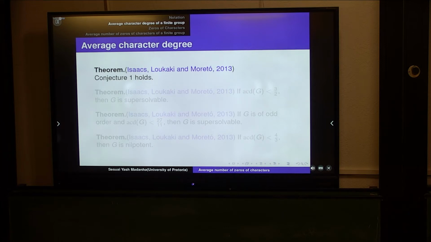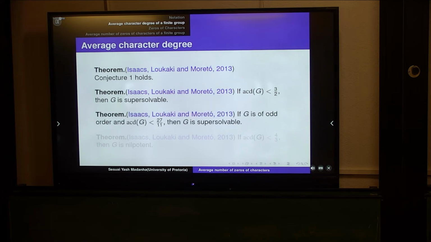In that same paper, they also gave a bound for a group to be supersolvable, and for a group of odd order to be supersolvable. So you see that the bound for a general finite group is less than the bound for groups of odd order. They also gave a bound for nilpotency.